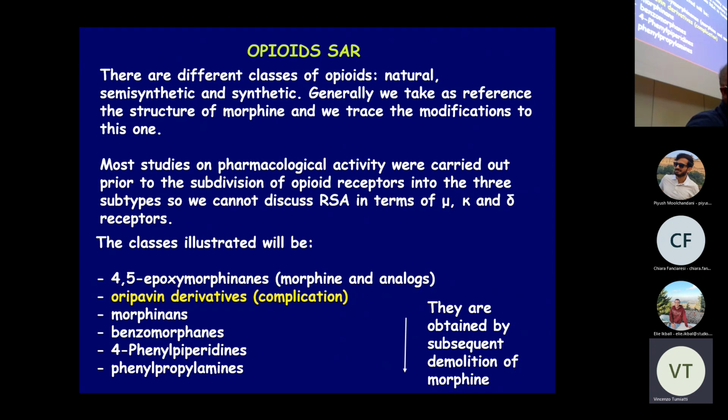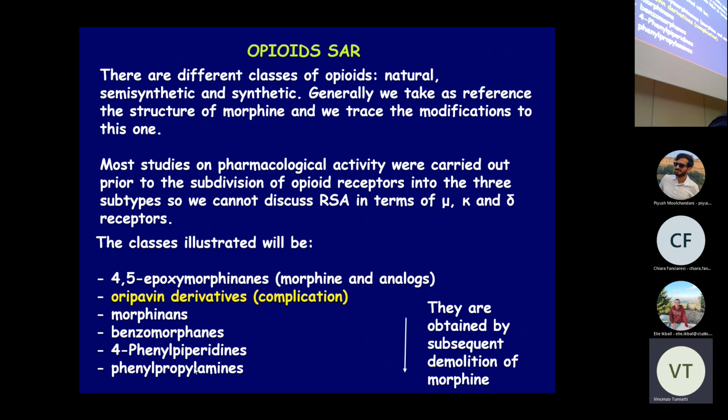And so we'll see different classes of simplified derivatives. For example, morphinanes, benzomorphanes, 4-phenylpiperidines, phenylpropylamines.